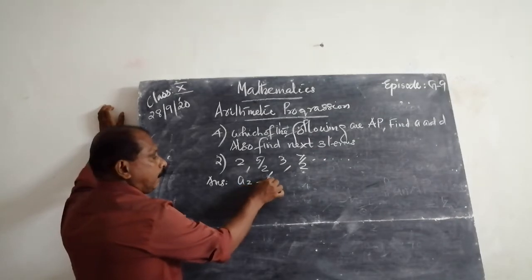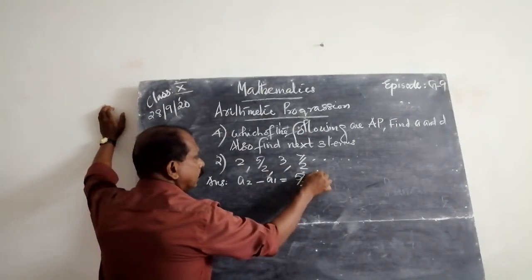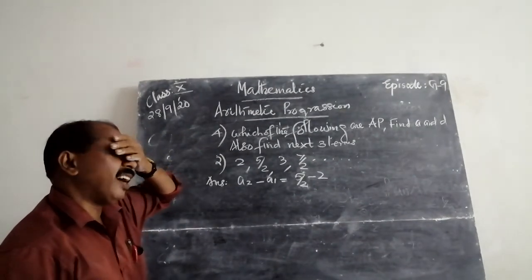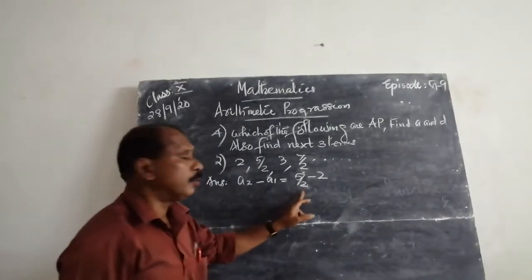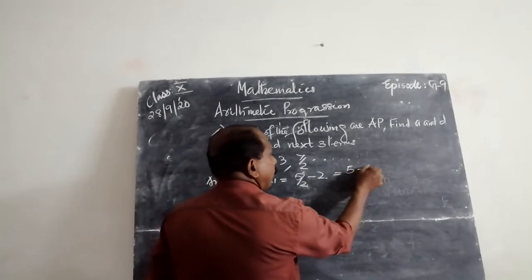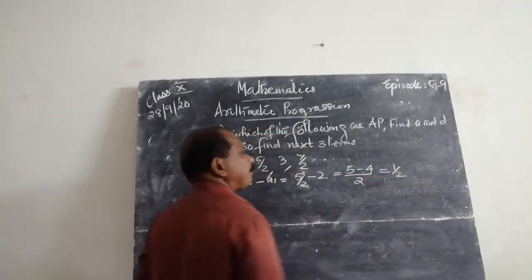A2 minus A1, that is 5 by 2 minus 2. That is the subtraction between an integer and a fraction. Therefore, we take the LCM as 2. That is 2 into 4. That is equal to 5 minus 4 by 2, which is equal to 1 by 2.